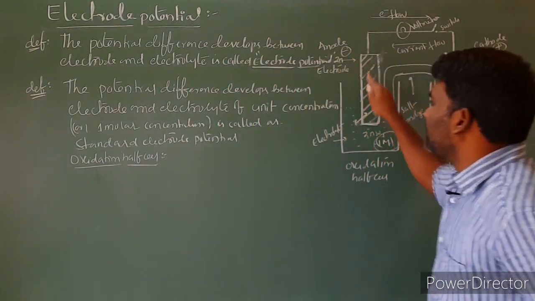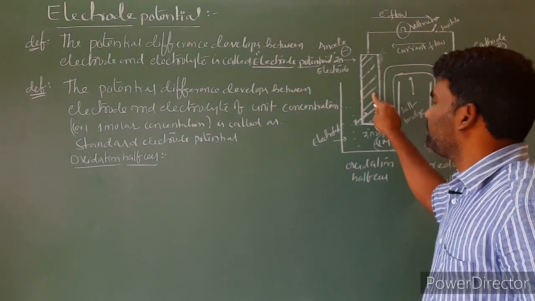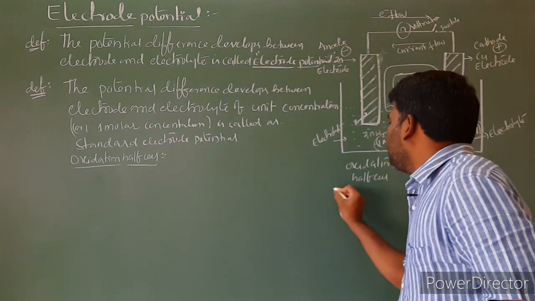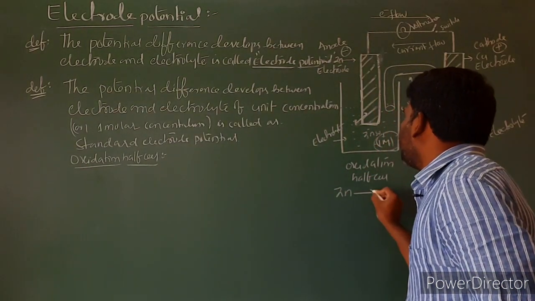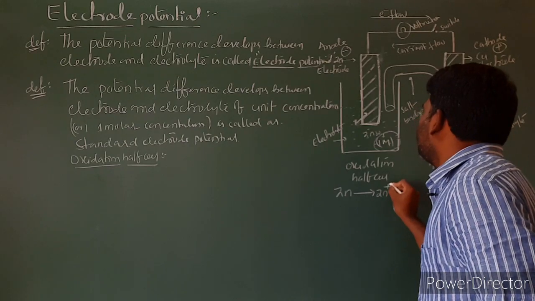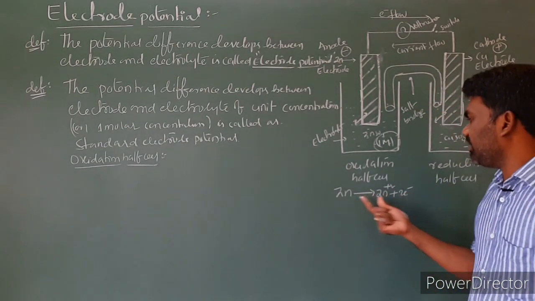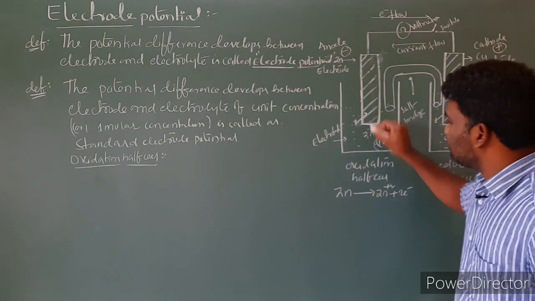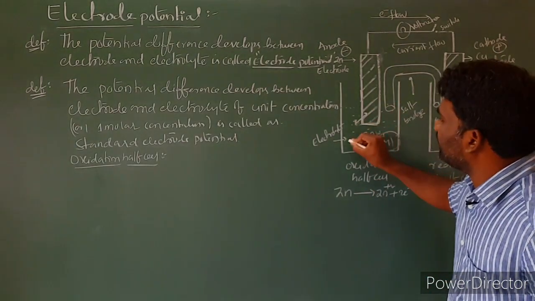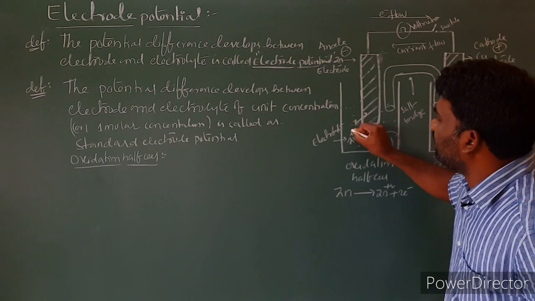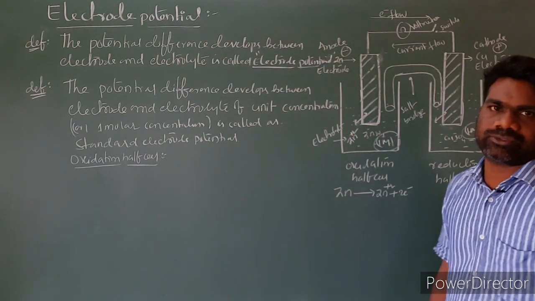Here, a zinc rod is dipped in zinc sulfate solution. Zn is converted into Zn plus 2 plus 2 electrons. The zinc enters the solution in the form of Zn plus 2 ions.